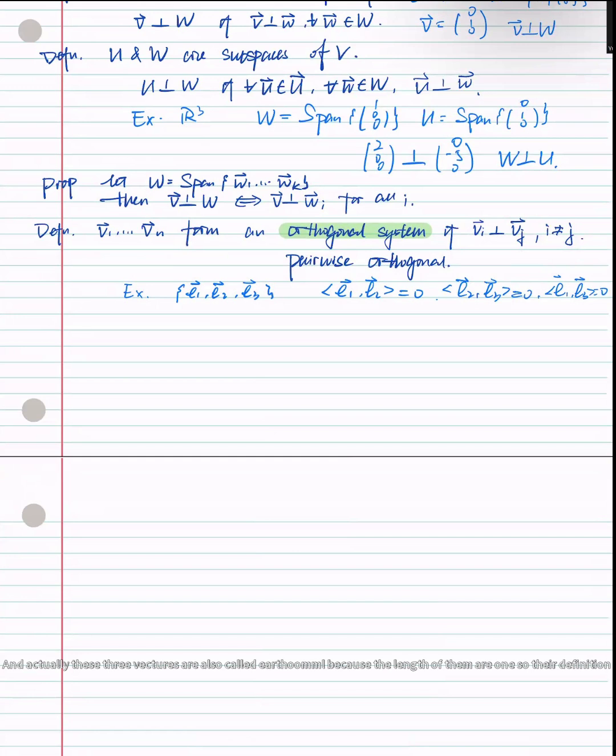And actually, these three vectors are also called orthonormal because the length of each of them is 1.